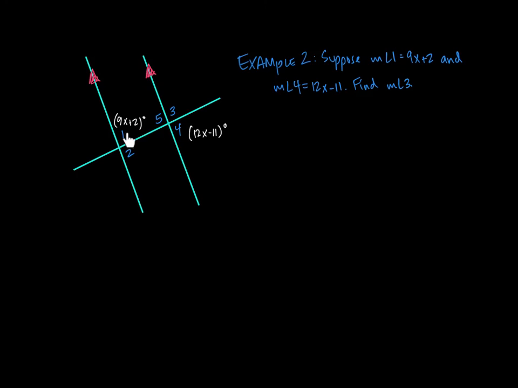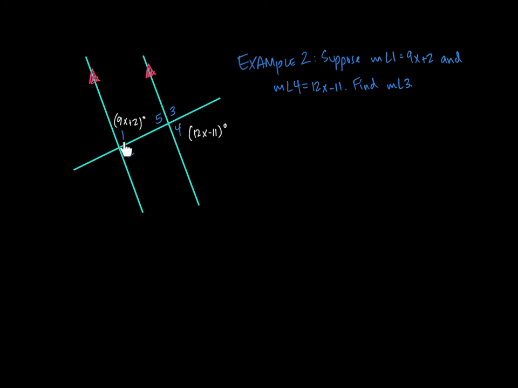Are they alternate interior angles? Well, they are on opposite sides of my transversal, but they're not both in the interior, so they don't count as alternate interior angles. And for the same reason, they're not alternate exterior angles, because only angle 4 is in the exterior, angle 1 is actually in the interior. So they're not congruent for one of the reasons that we've been looking at in the last few videos.